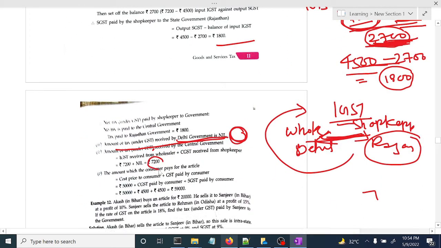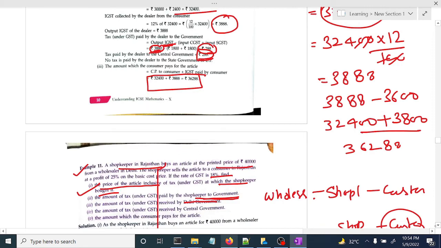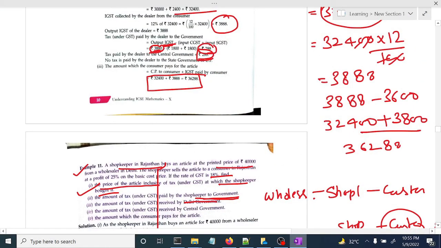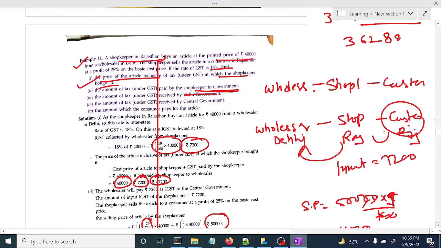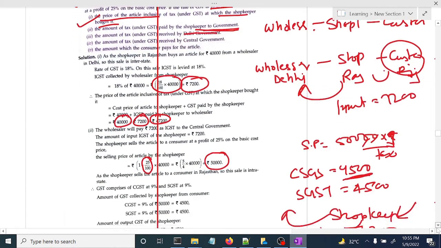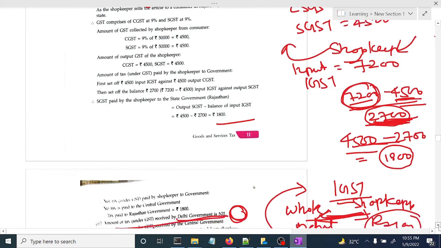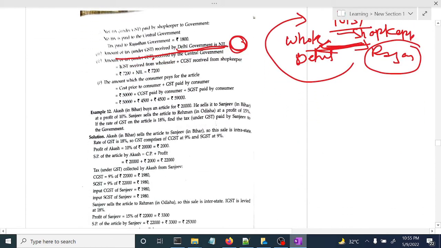See, because the shopkeeper paid 7200 as IGST, right?